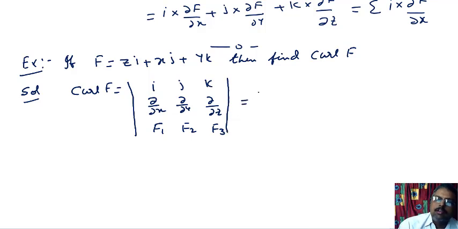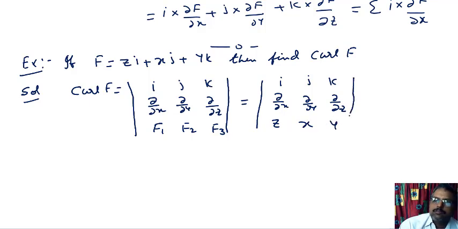Then how to find the determinant? i, j, k, dou by dou x, dou by dou y, dou by dou z, and here f1, f2, f3 are z, x, y. Now find the determinant.